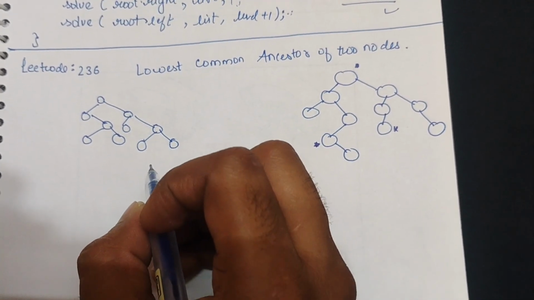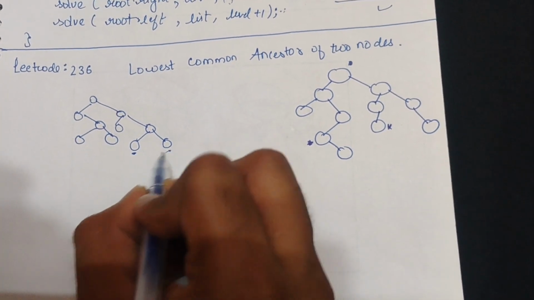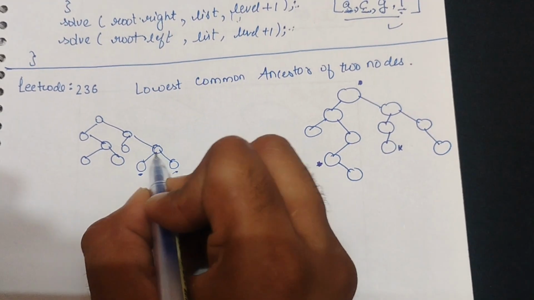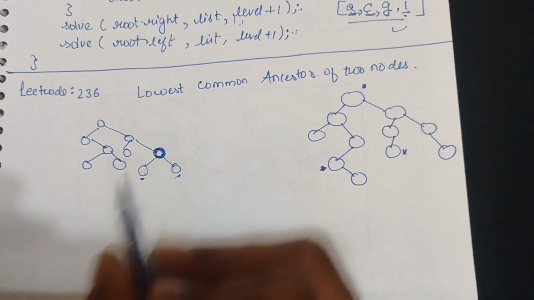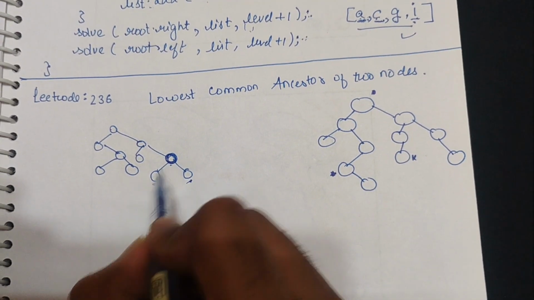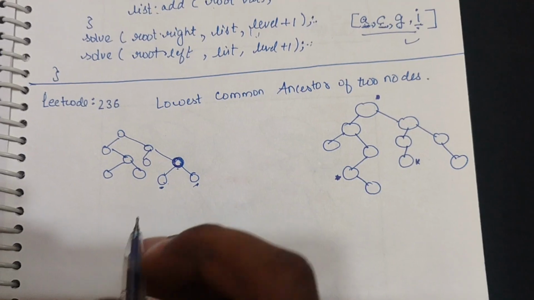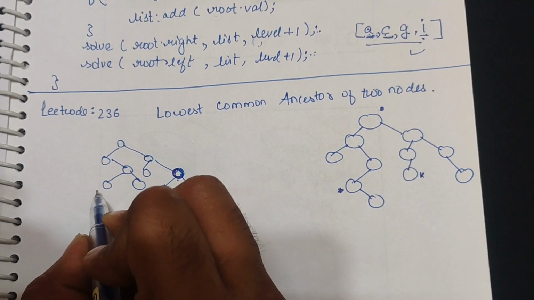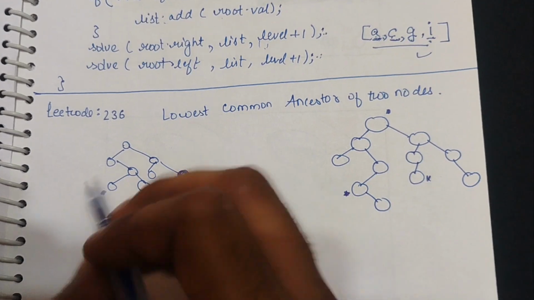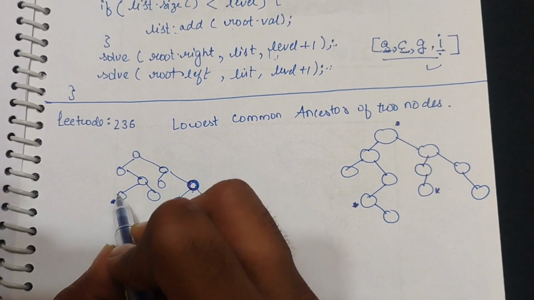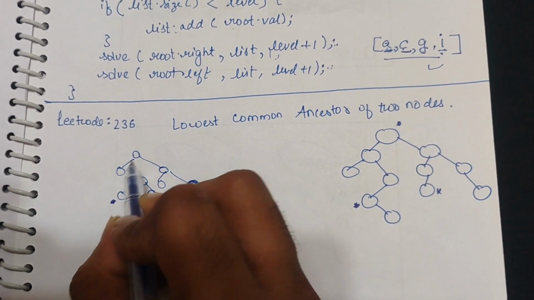If I say lowest common ancestor for this and this is this node, because both are derived from this node and it is the lowest, nearest to them. If I ask for the LCA, lowest common ancestor, of this node and this node, we'll come back above.